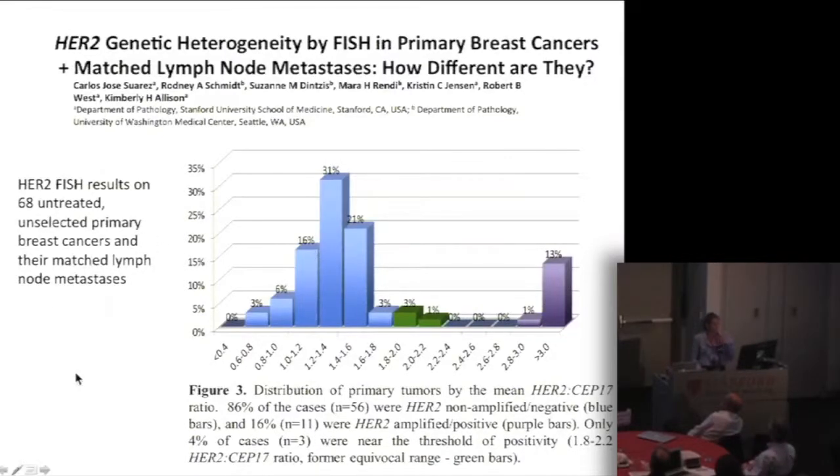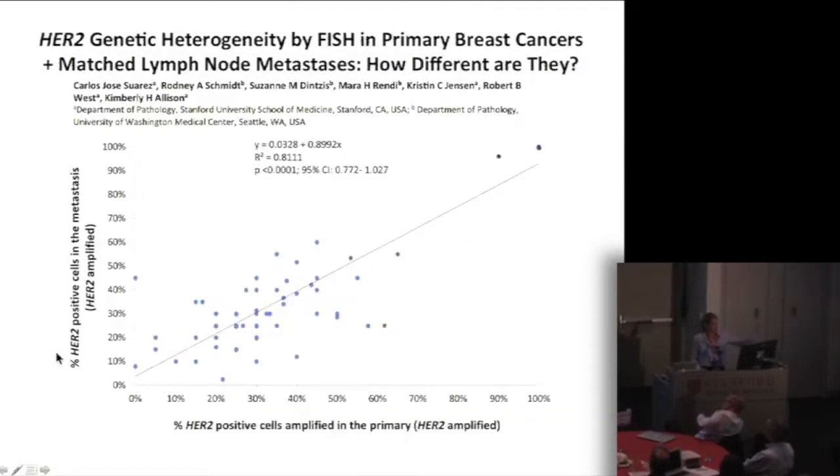So we looked at matched primaries and mets, and this is just the spread of overall the mean results, the reported results for HER2 by ratio. We had very few cases that were in the borderline range, but that's sort of a normal spread.